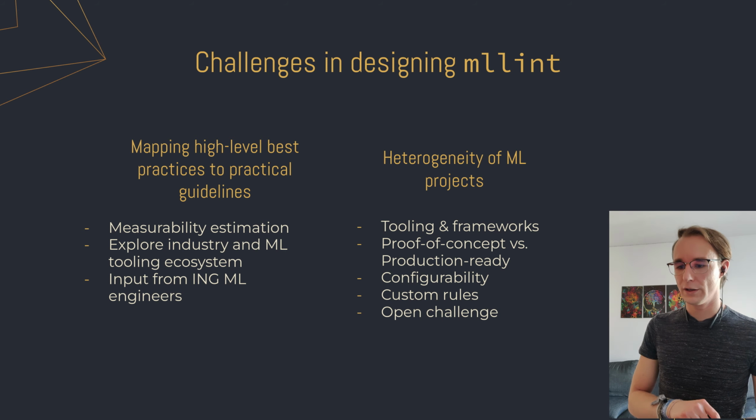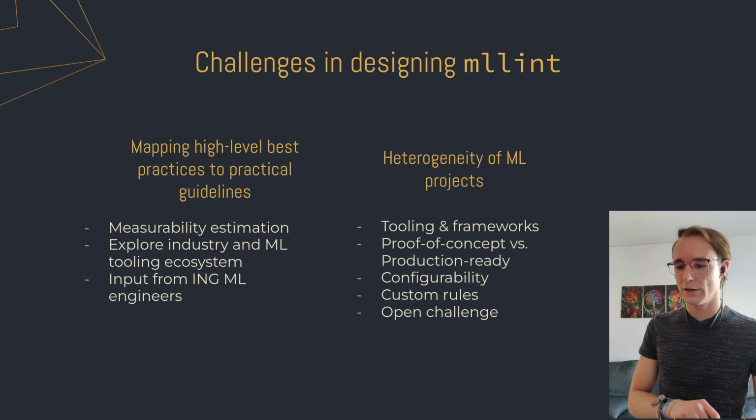Now, in order to evaluate mllint, we had a bunch of research questions. The first one being, how do these project smells that we've outlined, as they're detected by mllint, fit the industrial context of a large software and data intensive organization such as ING? The second research question is, what differences do ML practitioners perceive in the importance of mllint's linting rules between proof of concept and production ready projects?